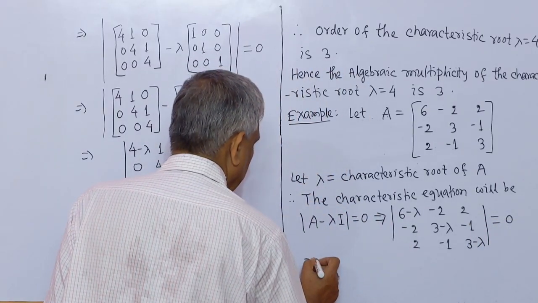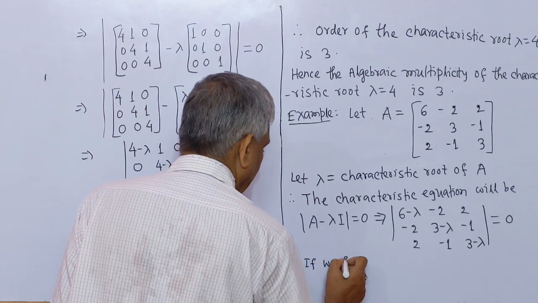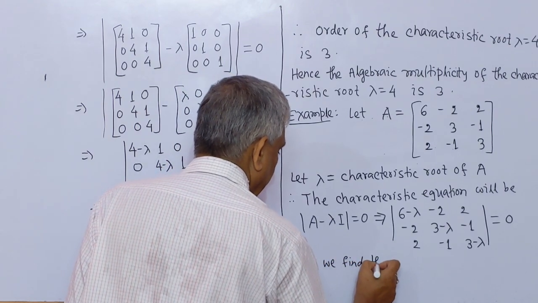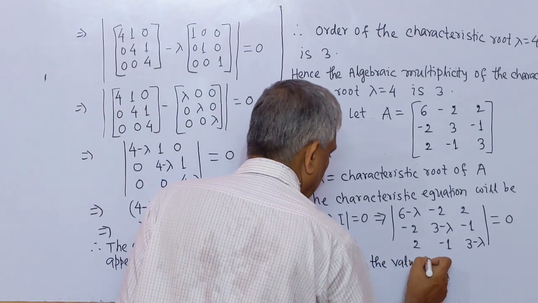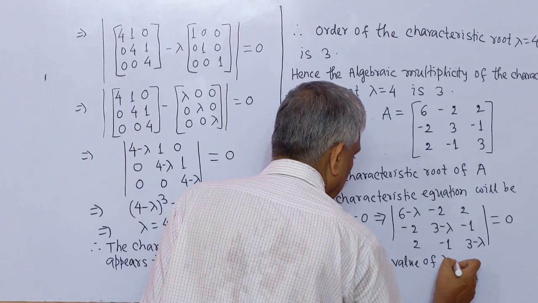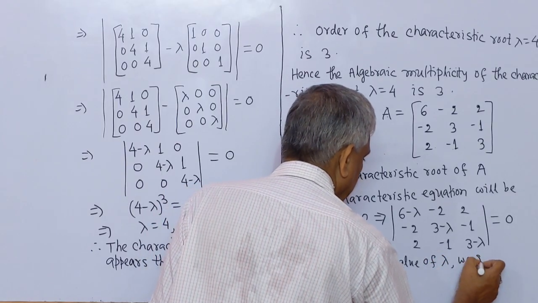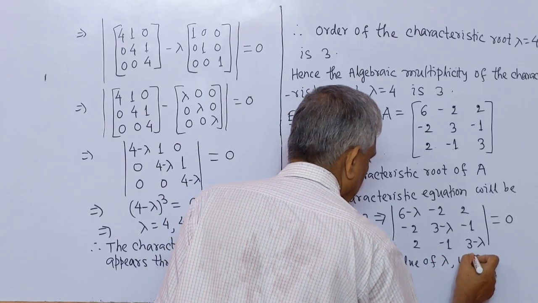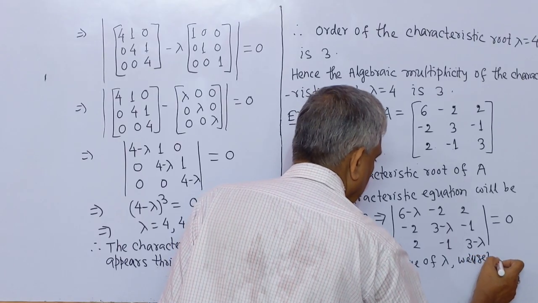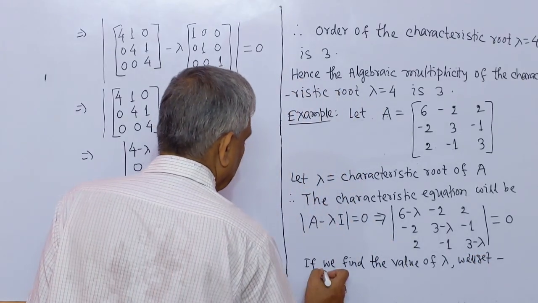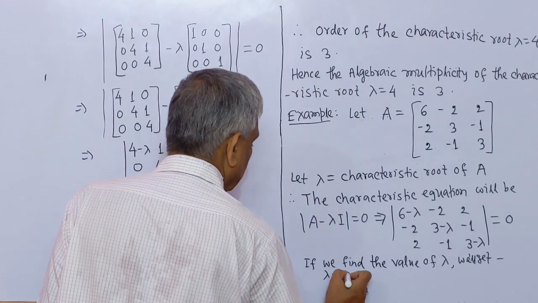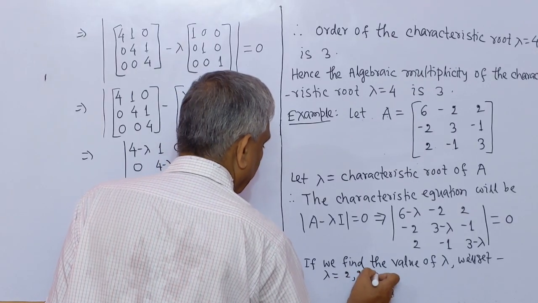If we find the value of lambda, we will get lambda equals 2, 2, 8.